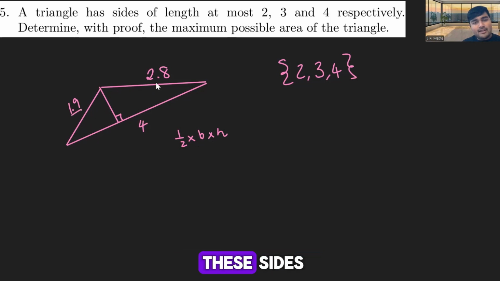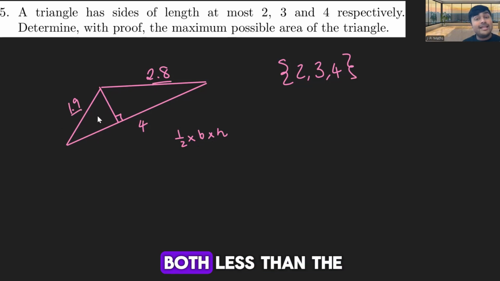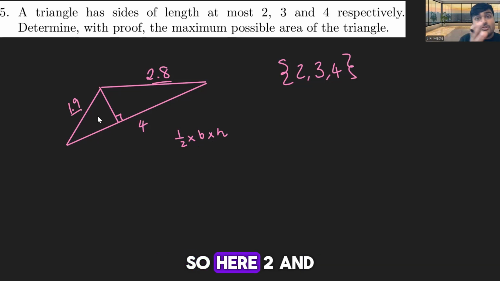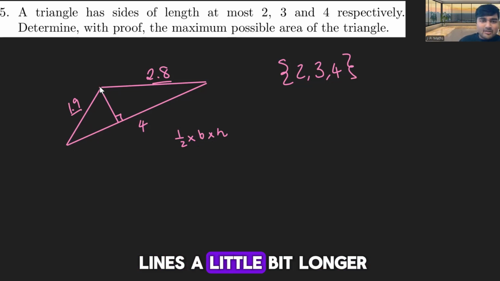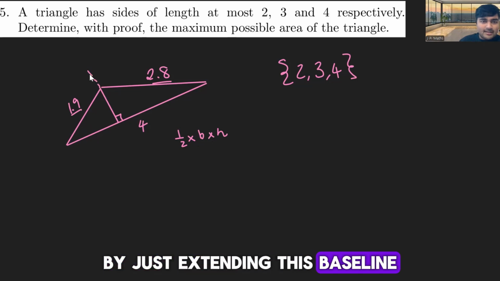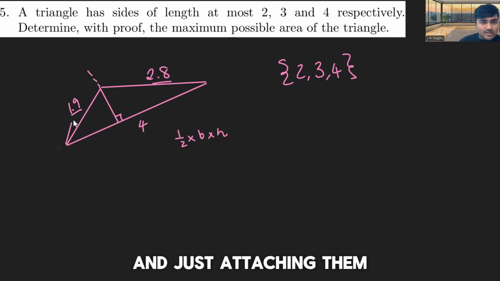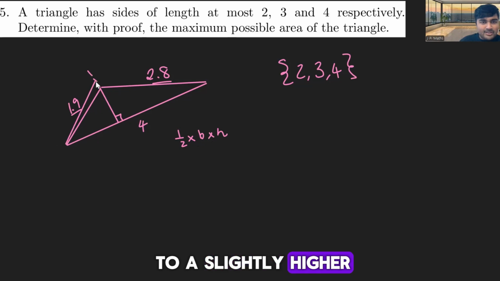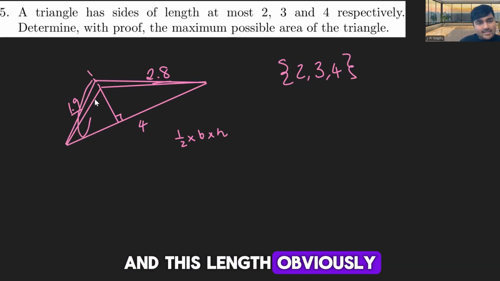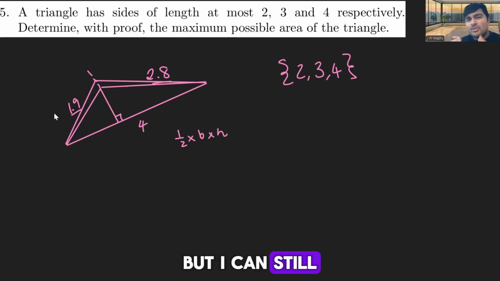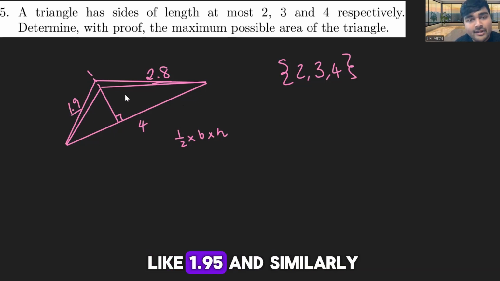Now, if both of these sides, 1.9 and 2.8, are less than the remaining two sides, 2 and 3, which they currently are, well, I can make these lines a little bit longer by just extending this baseline and attaching them to a slightly higher point up here. And this length is slightly longer, but I can still choose it so that it's less than or equal to 2. So maybe make it like 1.95.